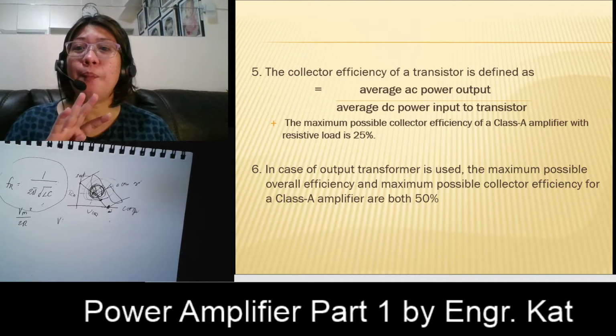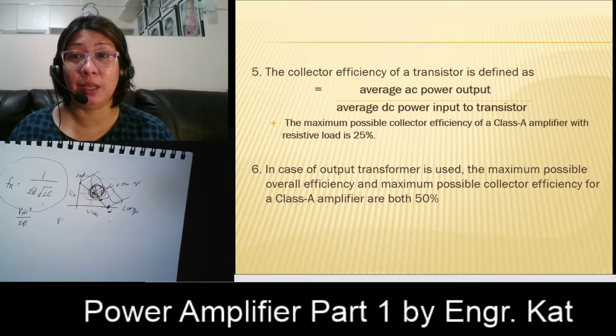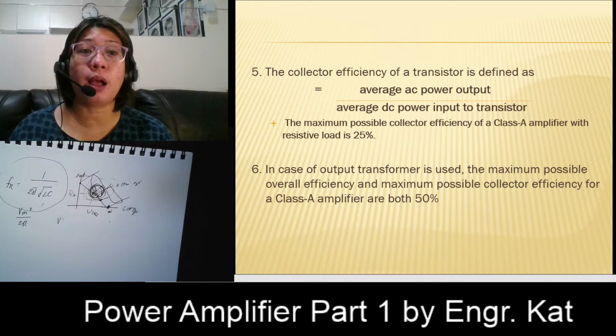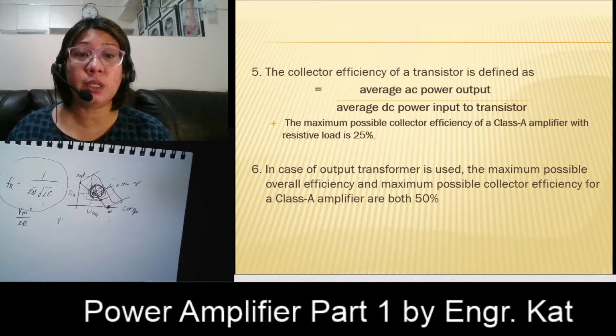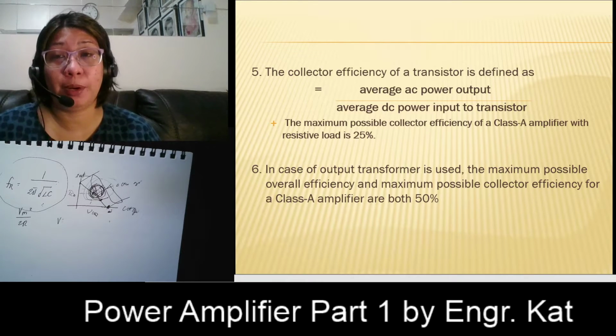That means the losses outside the transistor were already deducted. The maximum possible collector efficiency for a Class A amplifier with a resistive load is 50%.